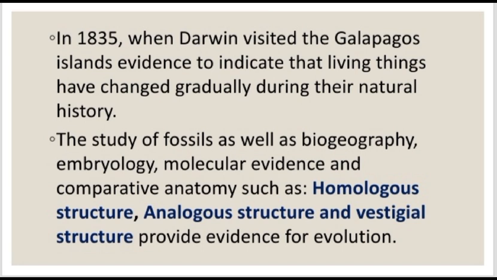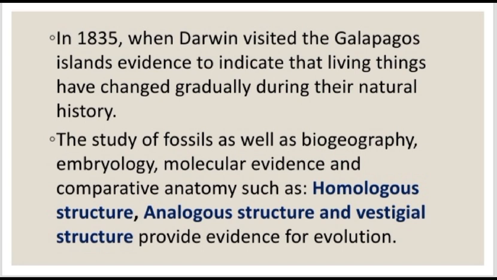And molecular evidence. This is the study of DNA, proteins, and molecules in living things. If two species have very similar DNA, it means they are closely related. So for example, human and chimpanzee share about 98 to 99% of their DNA. So it means human and chimpanzee are related, which is the study of the molecular evidence.